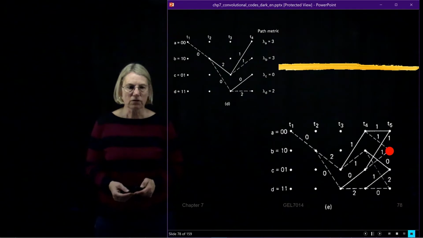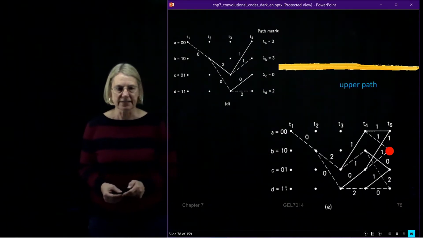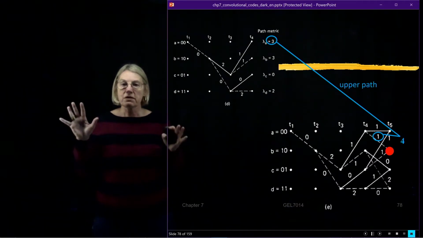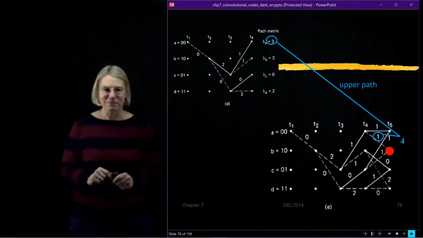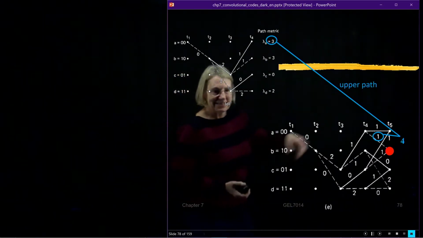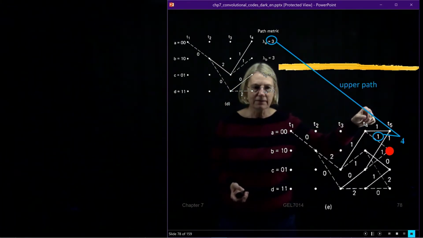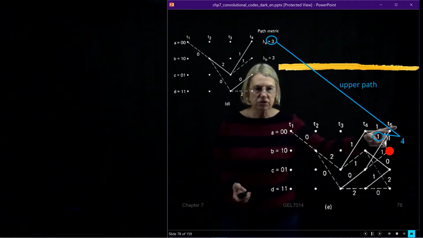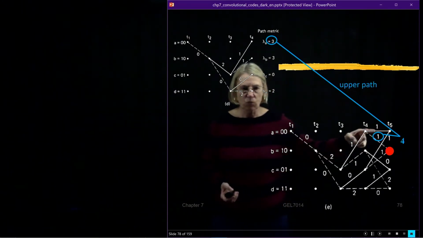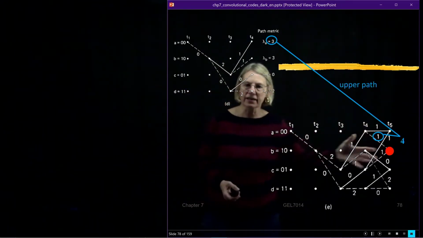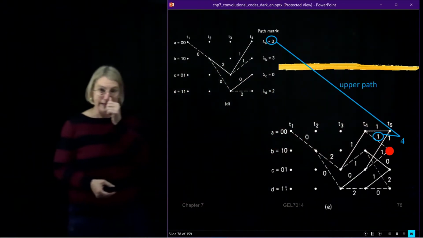For instance, now let's say I'm looking at state B at time 5. Well, first of all, there is some efficiency that I can use in the algorithm. For one thing, when I get to this point, and I'm looking at the upper path, I don't have to look at 1 plus 1 plus 2 plus 0 and do the whole calculation of the whole path metric again.